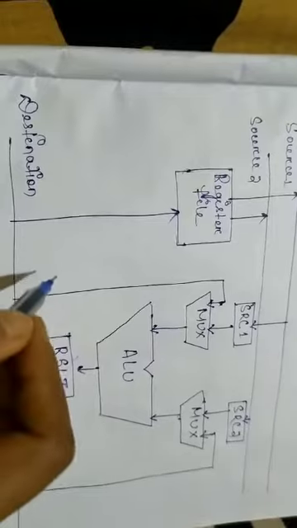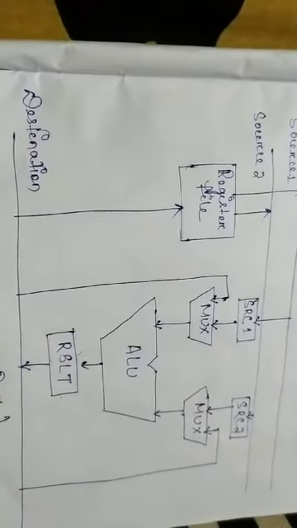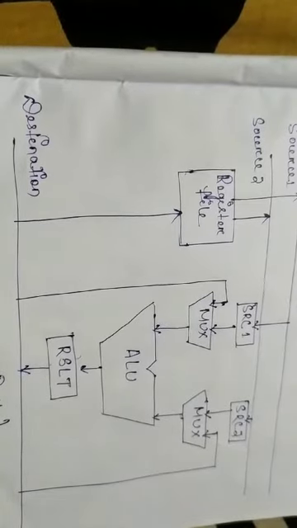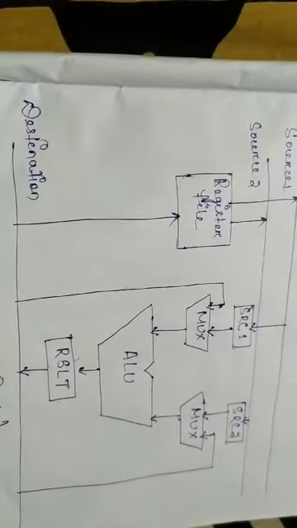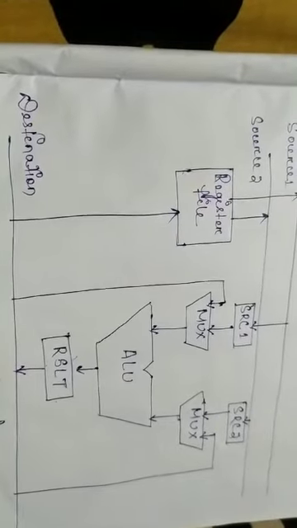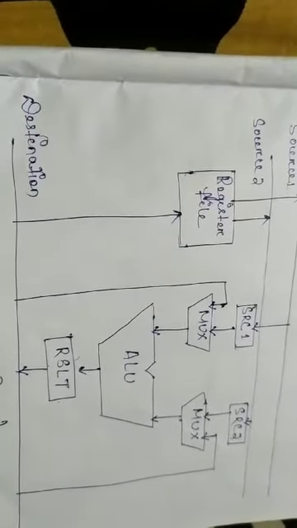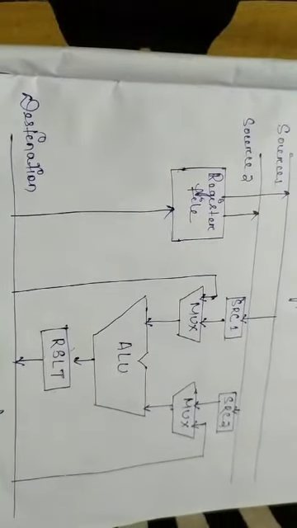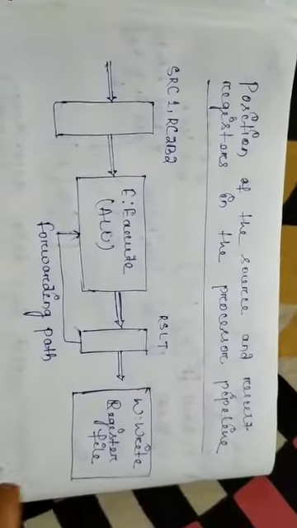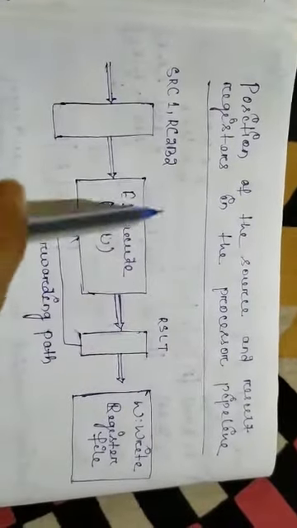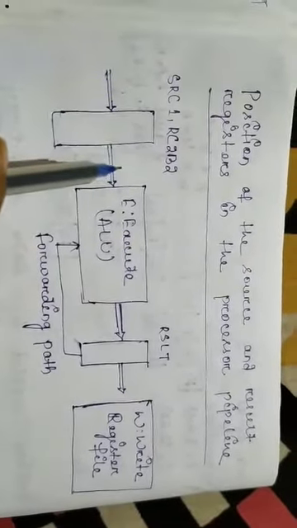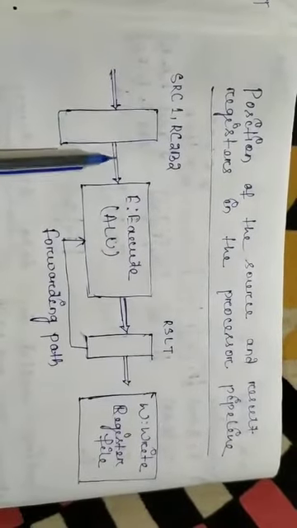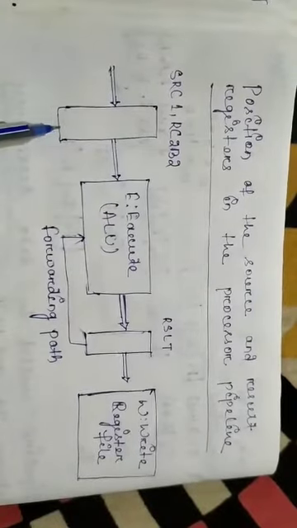Interstage buffers are basically used between two units, such as the fetch unit, decode unit, and execution unit, as we have already seen in the hardware organization. Here is another diagram. It shows the position of source and result registers in a processor pipeline. Registers source 1 and source 2 are part of buffer 1.